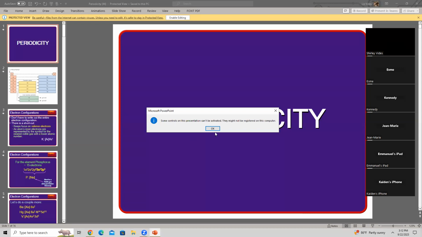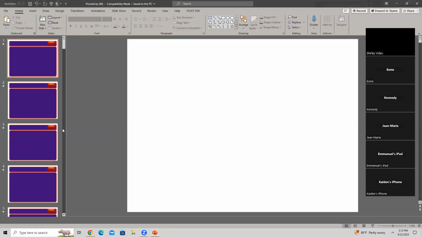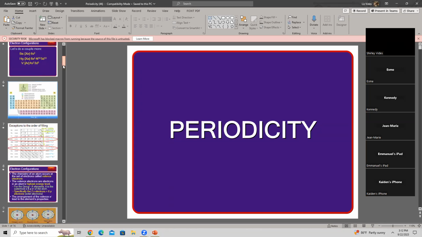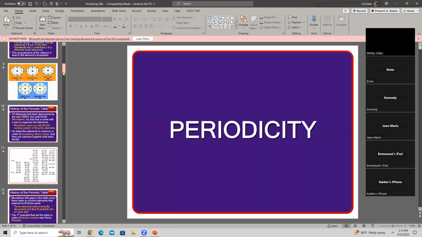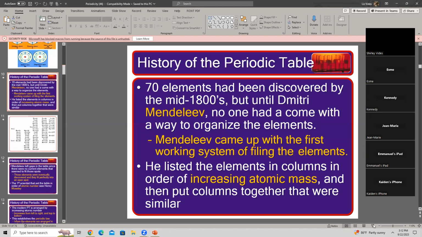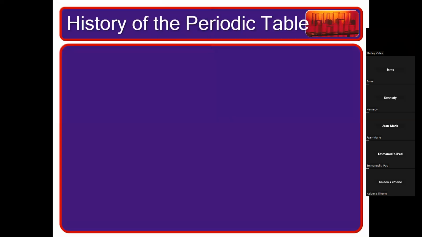Not everything that's here. We're going to look at the things that are important for our periodicity. Okay, so we're going to start with this one, which is the history of the periodic table.